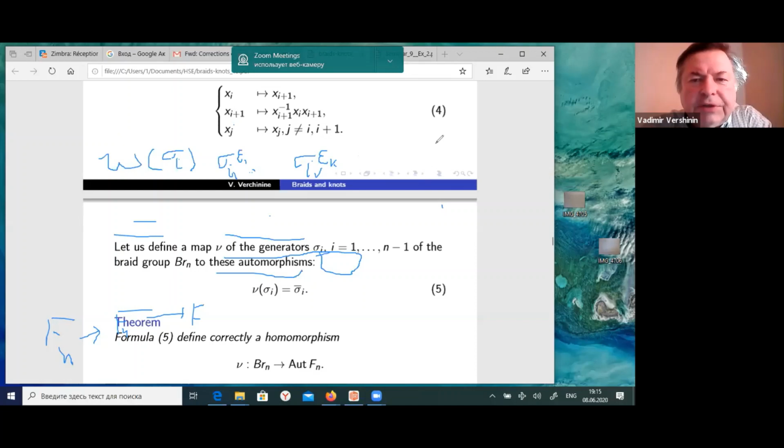You consider now the list of generators X1, ..., Xn. Because each word is an element of the automorphism group, it acts on this set of generators.